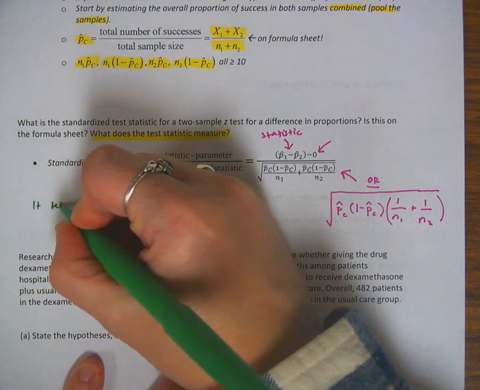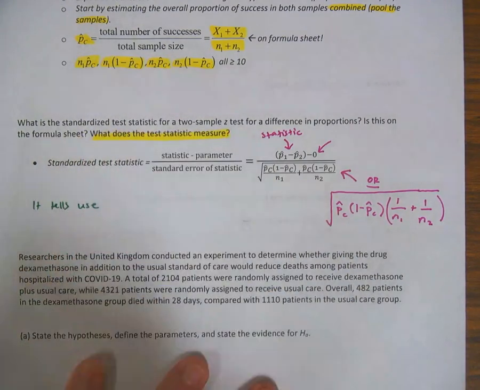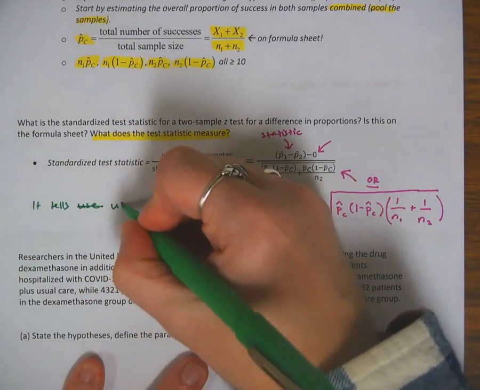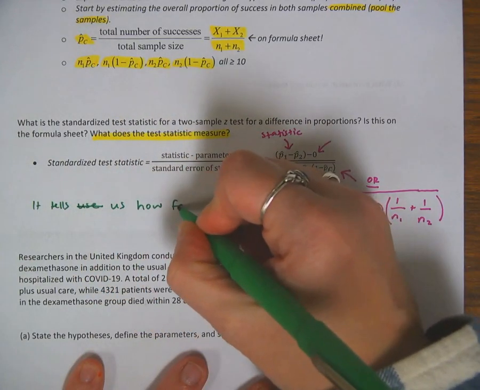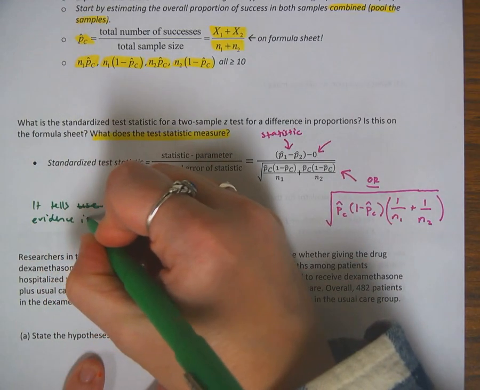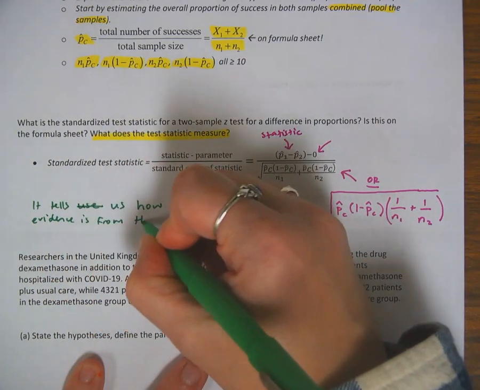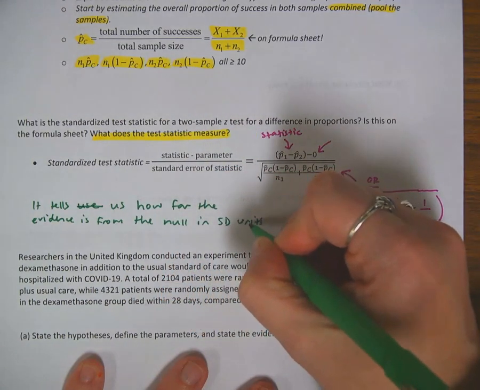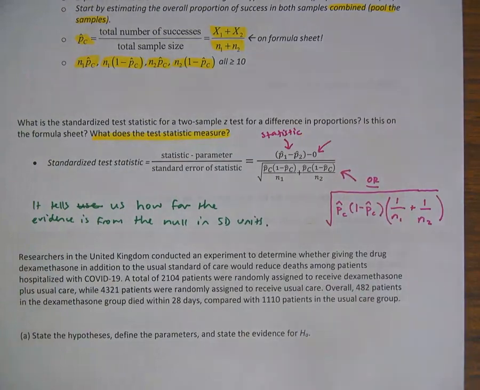It tells us how far the evidence is from the null in SD units. That's what Z values tell us: how many standard deviations above or below, how far away we are from the null.